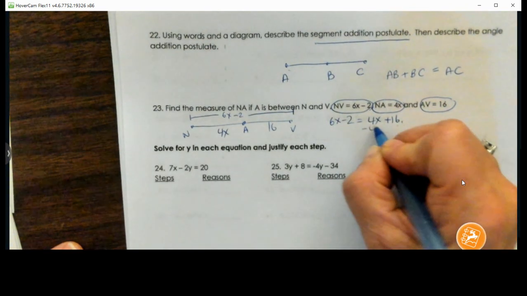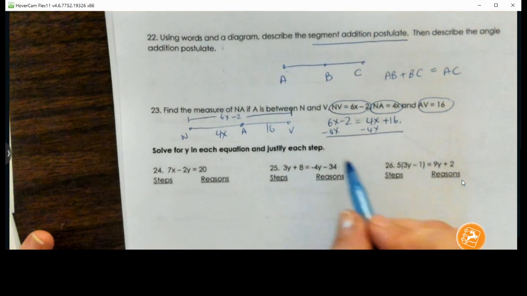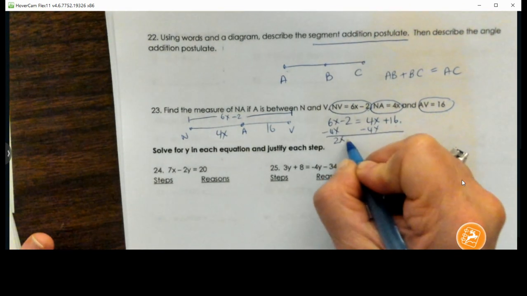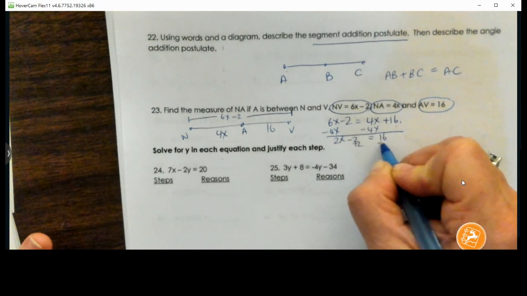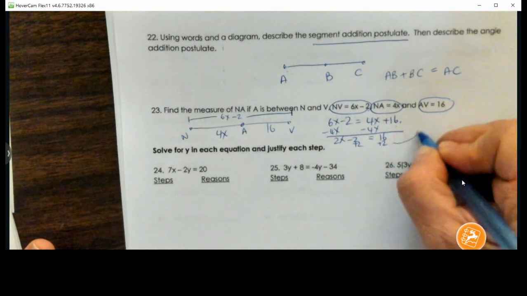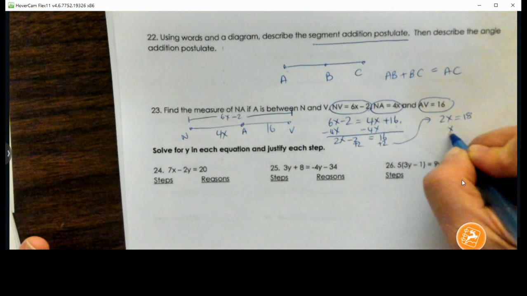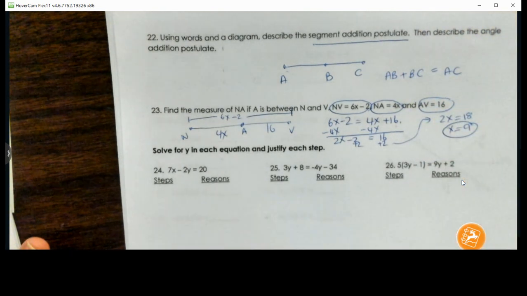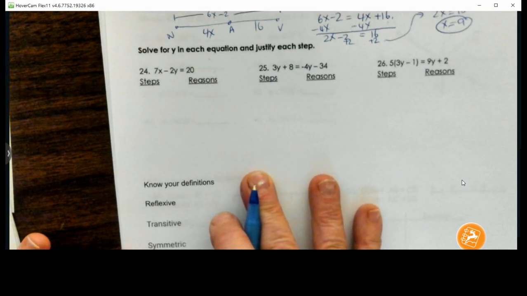When I solve it, I end up with x is equal to 9. Let me see, 2x minus 2 is equal to 16. I'm going to add 2 to both sides. I'm going to end up with 2x is equal to 18, and x is equal to 9. Okay.